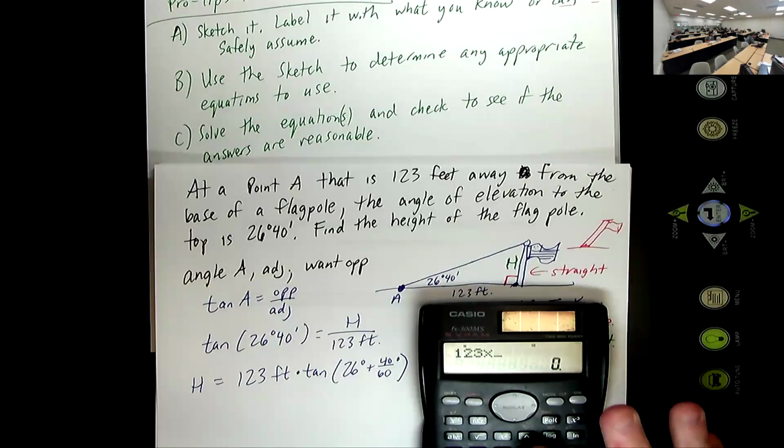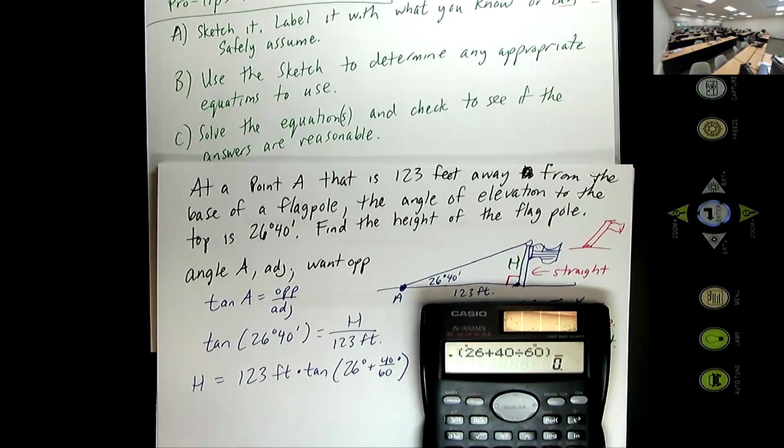Times tangent, and then parentheses, 26 plus 40 divided by 60, end parentheses. If your calculator doesn't have it, you're going to want to do the operation on the inside first.